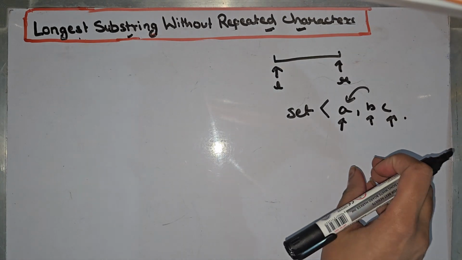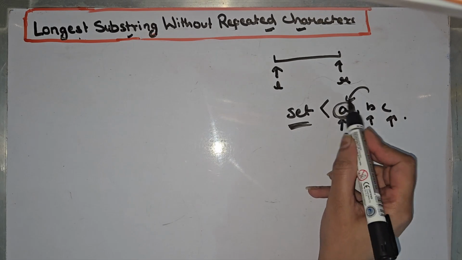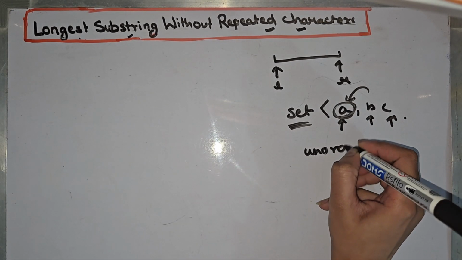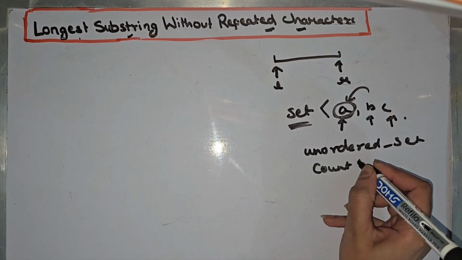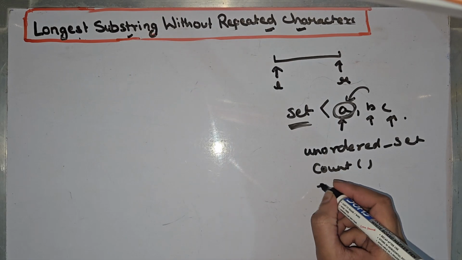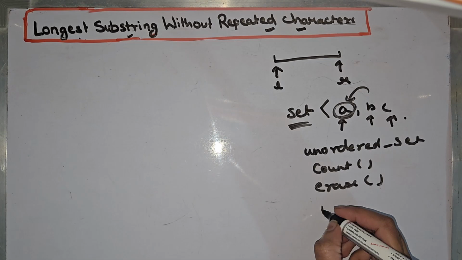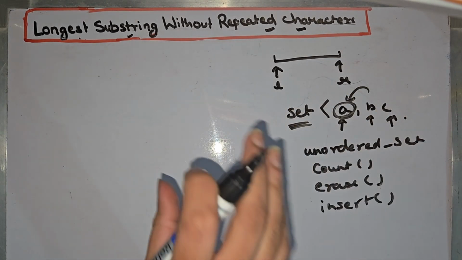If the count is 1, that means that we already have this character in the string. So we need to know the count function of unordered set, and the erase function of this unordered set. And we will also insert in this set. So this is the prerequisite for this.